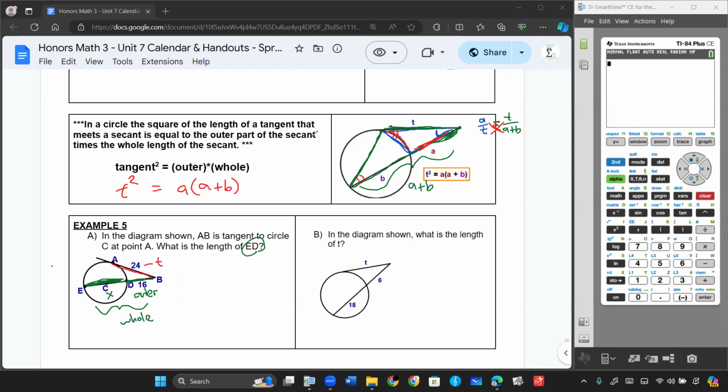So if you think about that formula, we have tangent squared. So we're going to say 24 squared is equal to the outer portion of the other segment, so 16 multiplied by the whole thing. Well, that's going to be 16 plus X. Now to solve that out, we're going to square the 24. 24 squared is 576.